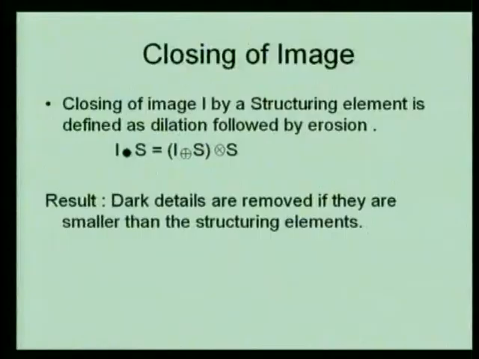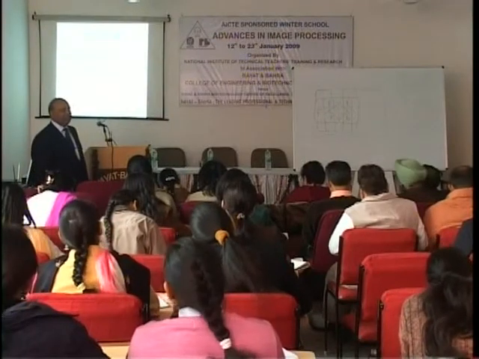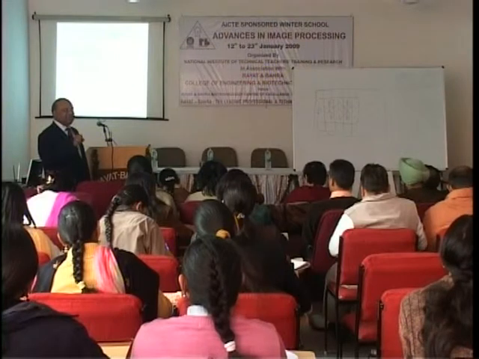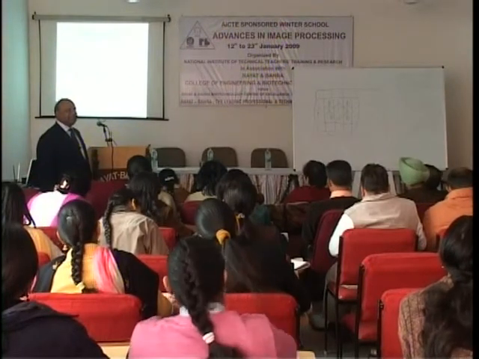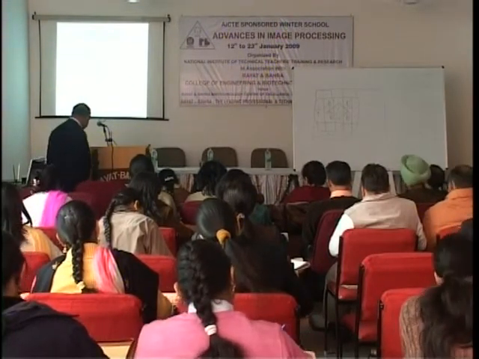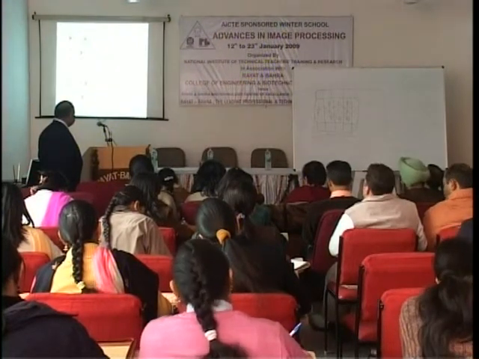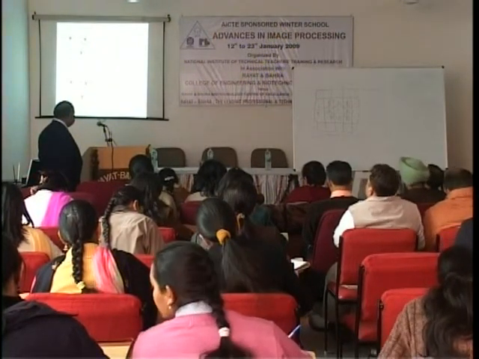Now closing of an image is the reverse of that: dilation followed by erosion. First I dilate, then I erode. Let us see what happens. When I dilate, this is my structuring element.